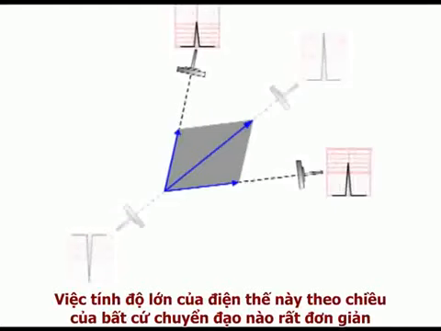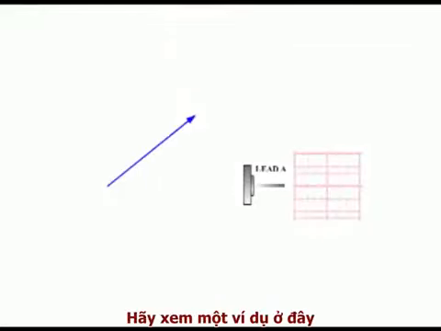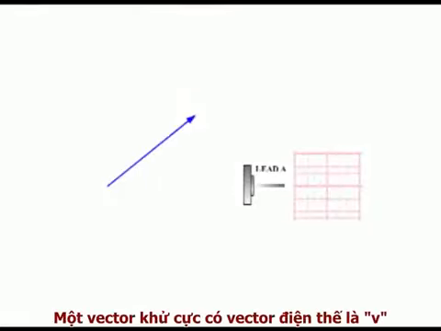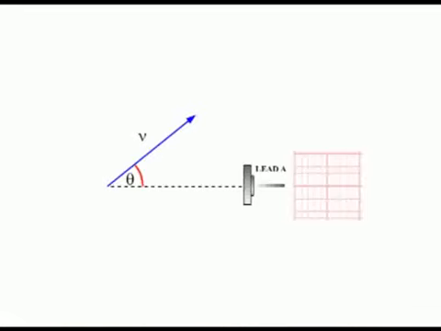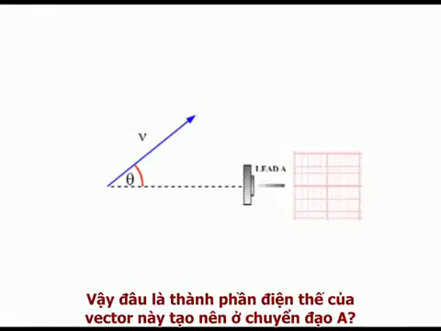Calculation of the magnitude of this effect in the direction of any given lead is relatively straightforward. Consider the situation shown here. A depolarizing vector of voltage V is traveling at an angle theta off the direct line to lead A. What is the maximum voltage component of this vector traveling directly towards the lead?